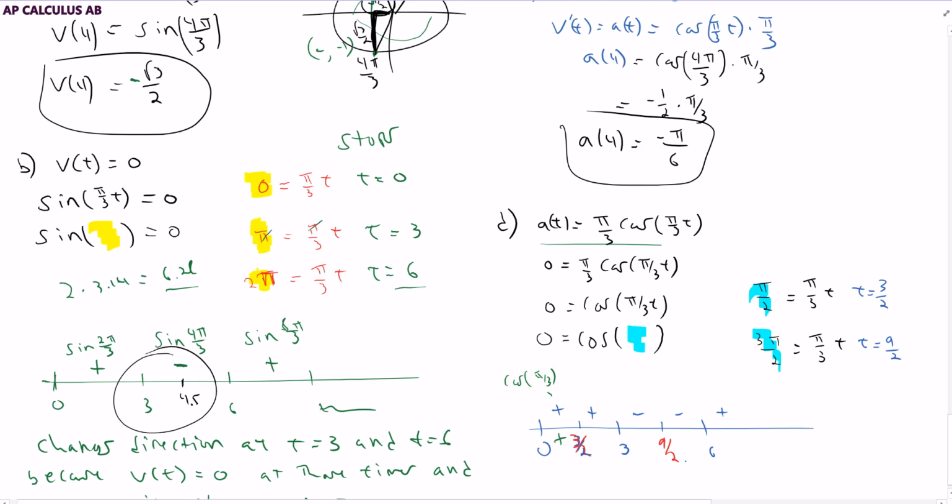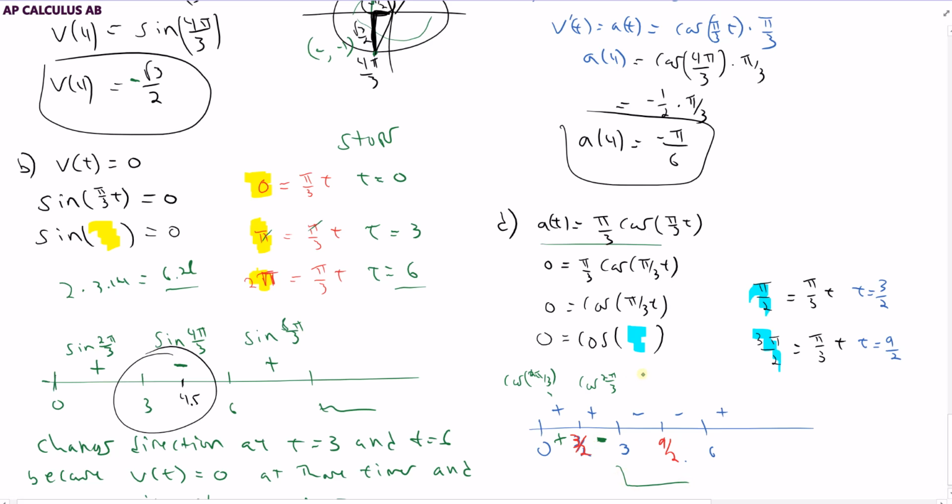If I check after 3/2, it's like 2, cosine of 2 pi over 3 is negative, times pi over 3 is still negative. All I care about is positive or negative, right? And then from 3, and this is what I really care about, from 3 to 9/2, that's like plugging in 4, right?